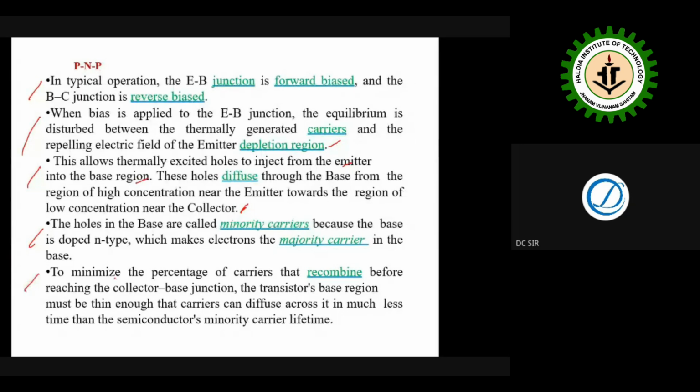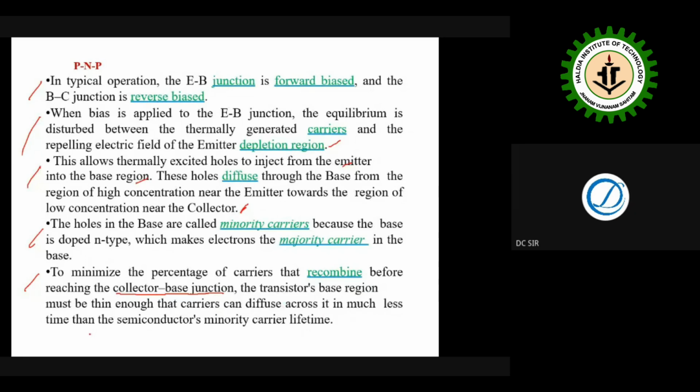To minimize the percentage of carriers that recombine before reaching the collector base junction, the transistor base region must be thin enough that carriers can diffuse across it in much less time than the semiconductor's minority carrier lifetime.